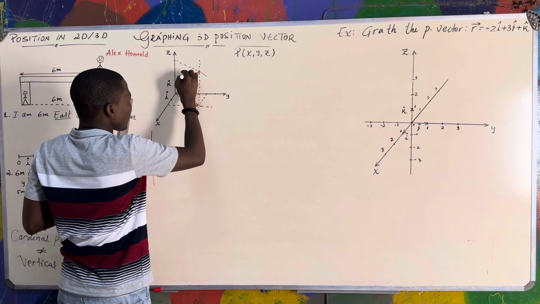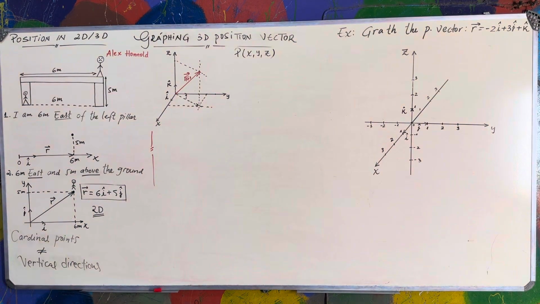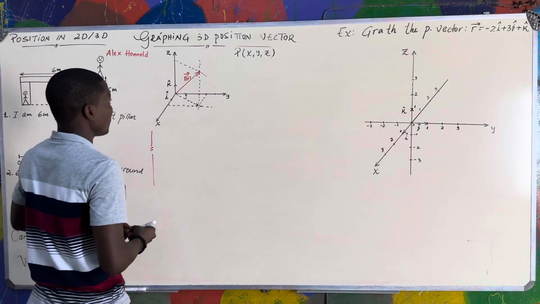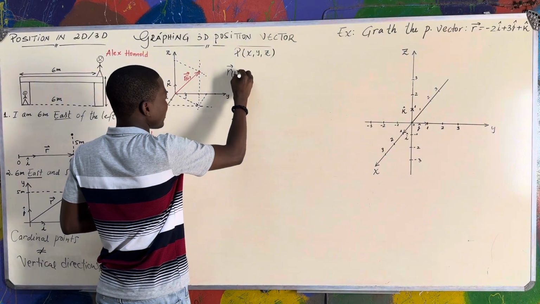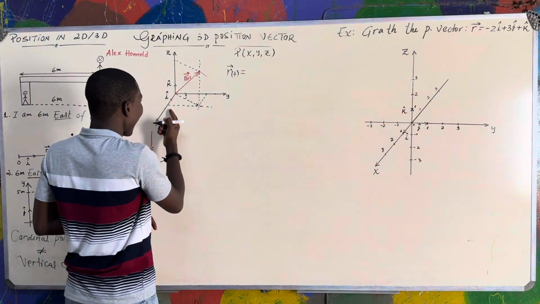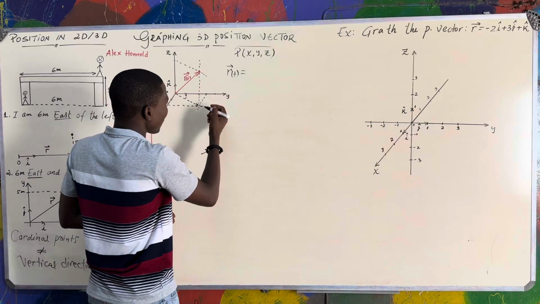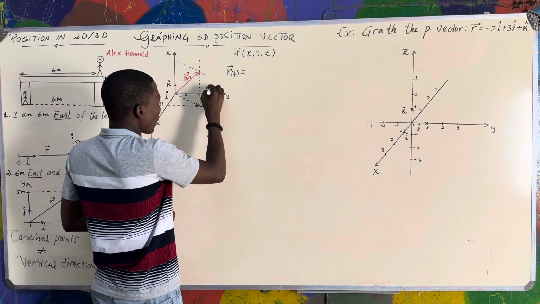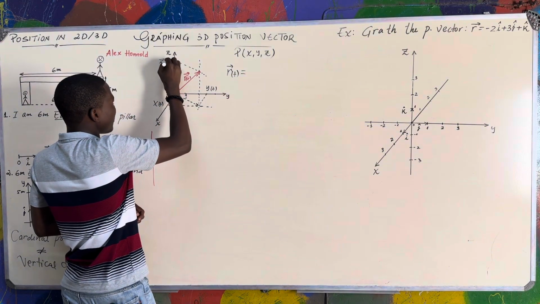So the position vector over time is this. How can we write the expression for this position vector? Very simple. That position vector will be given by the sum of the coordinates in each axis. So this will be x(t), y will be y(t), and z(t).